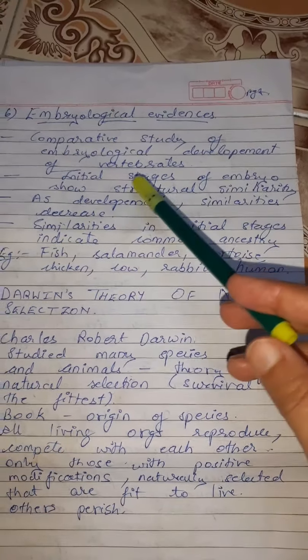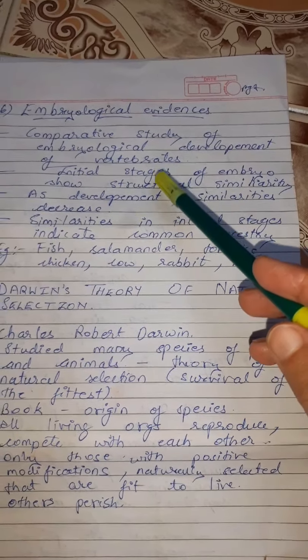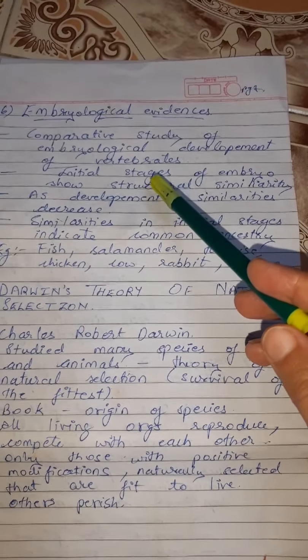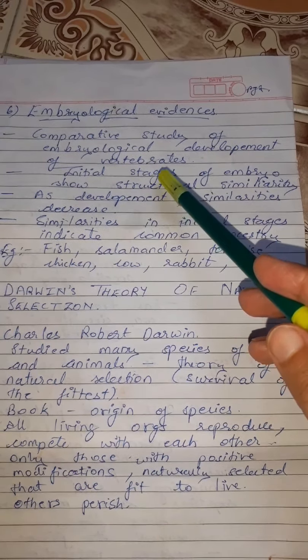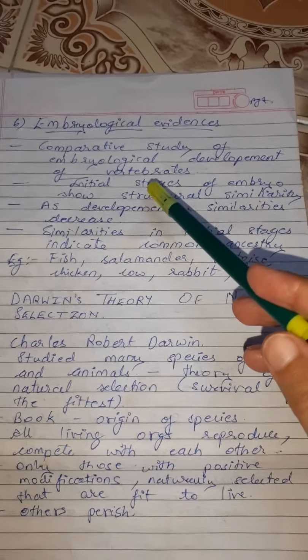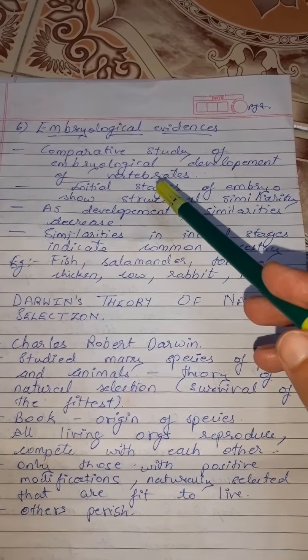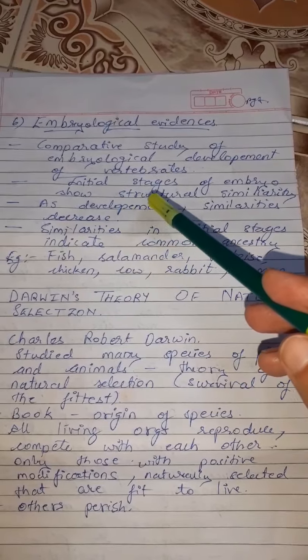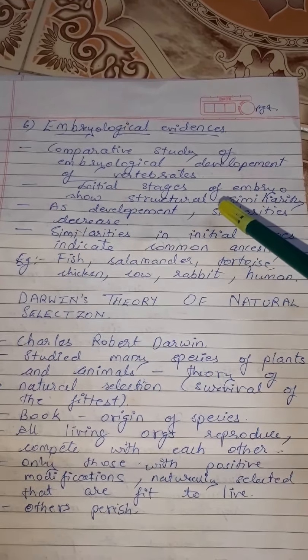Comparative study of embryological development of vertebrates was done. Means what? A few vertebrate animals were taken into consideration, and their embryos were studied. The structure and development of the embryo was studied in the initial stage, means in the beginning when the embryo was formed.